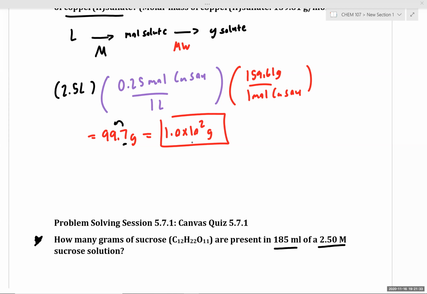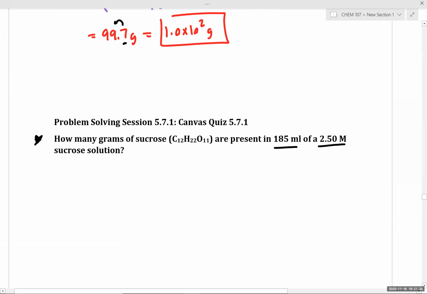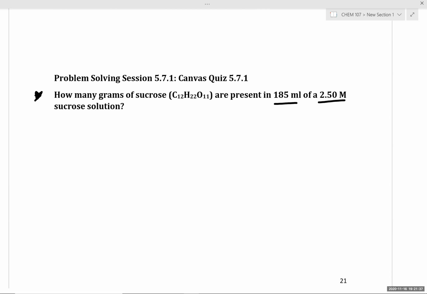Okay, perfect. So let's apply what we've learned on the instructor example to the following problem. And let's try to submit some responses or questions in the chat, and then we'll discuss.